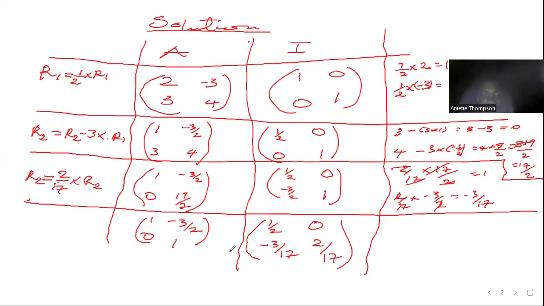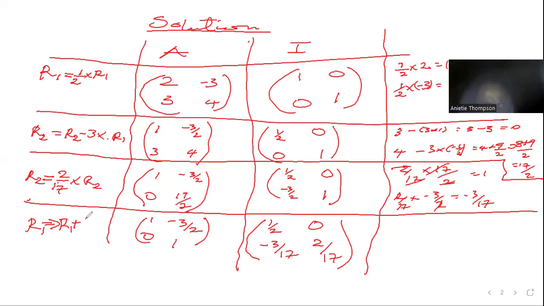All right. So the next operation I will have here is, now you see, here is 1. Here is 1. So the only problem we have right now is here. So I want to deal with row 1. Row 1 finally will become row 1 plus, know that if I use 3 over 2, that will eliminate this place to 1.